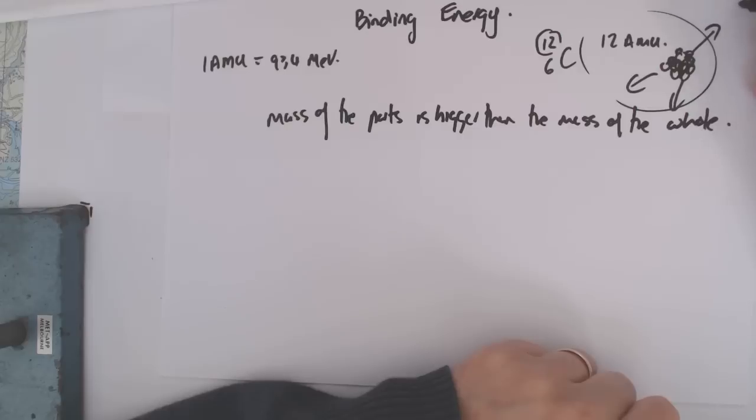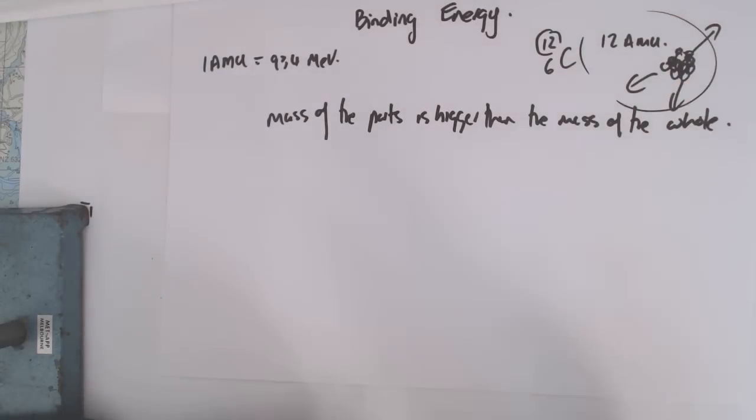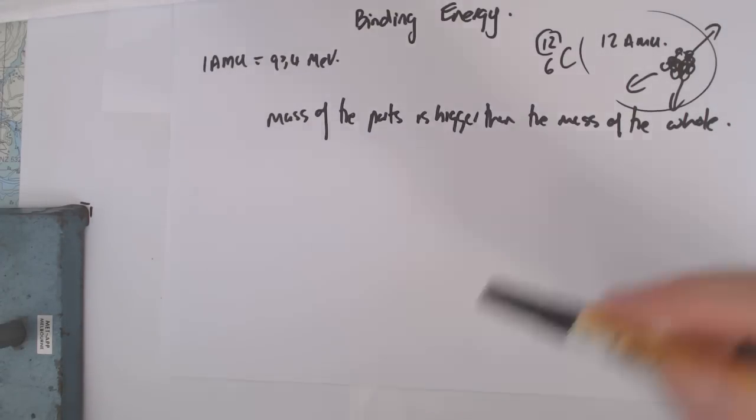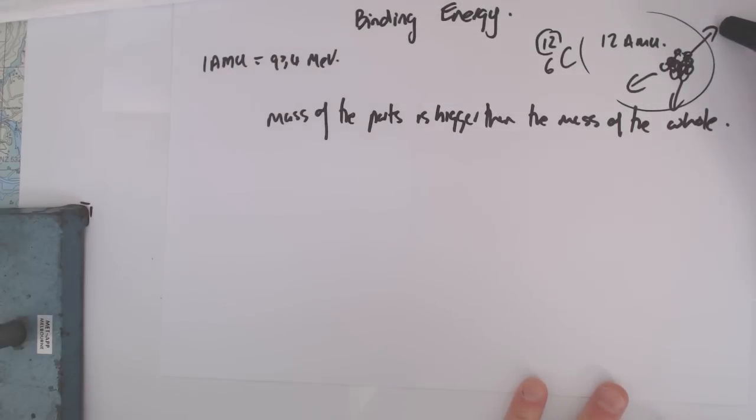When we take these little particles off to the ends of the universe, they are gaining potential energy. So you gain potential energy when you work against a force. When you lift something up against a gravitational force, that's a gain in potential energy. So when you pull this nucleus apart, you've got a gain in potential energy. You're pulling against the strong force.